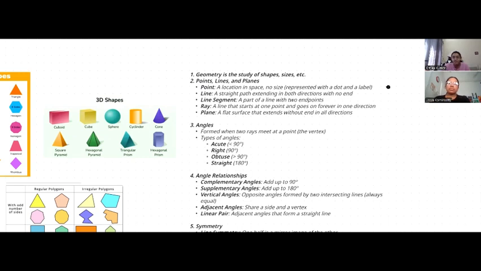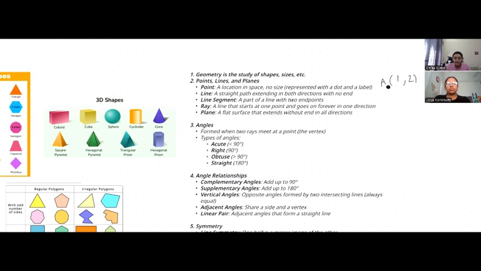A label is kind of like a coordinate on a graph. If we have a point on a graph, it would be something like 1, comma 2, or we could just name it by A. So that is what we call a label.